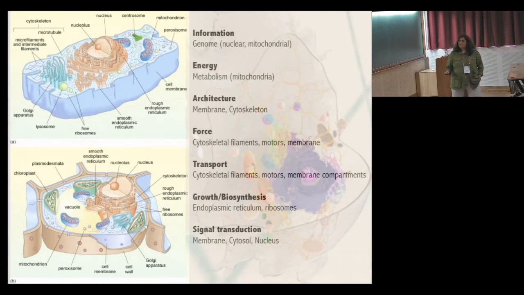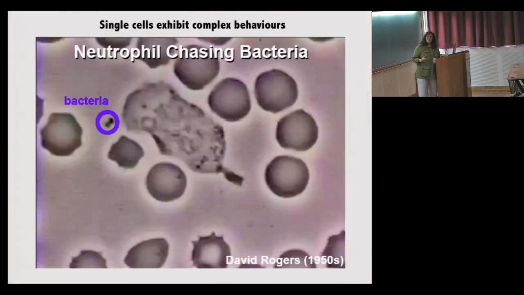It happens within the cytoplasm, which is everything else other than all of these. It also happens within the nucleus. So that is the sort of cellular toolkit that you can play around with to alter form and function of a cell, right?